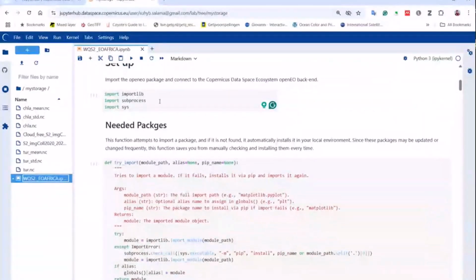I do this just to give you an idea that if you have storage in this Copernicus data space ecosystem, you have to be active. Otherwise, it will be deleted after, I think, a week or two. The packages that you have installed will also be removed.